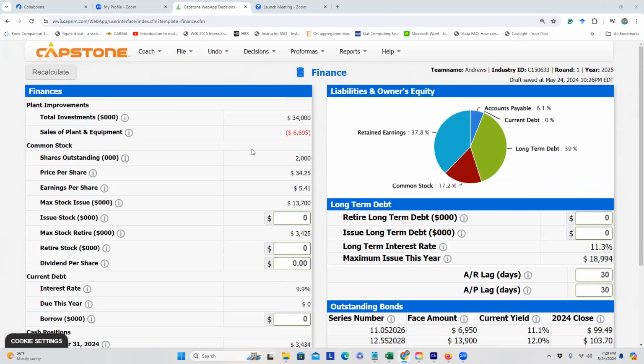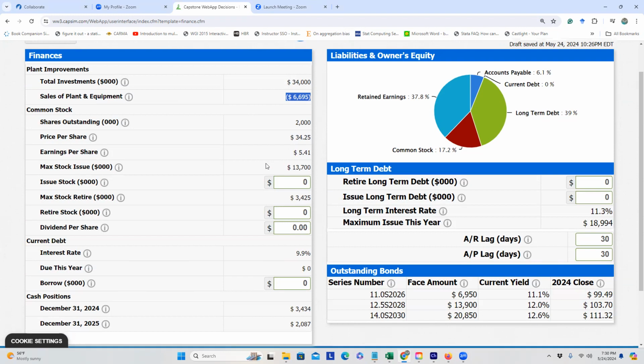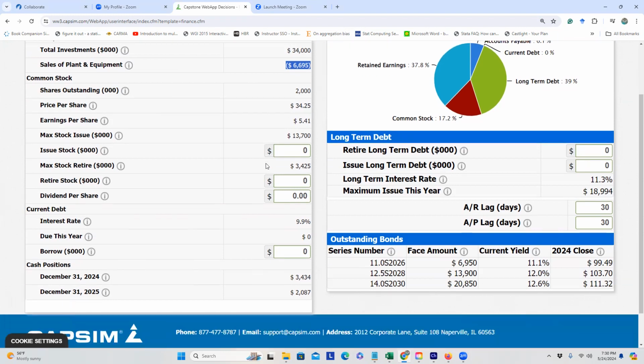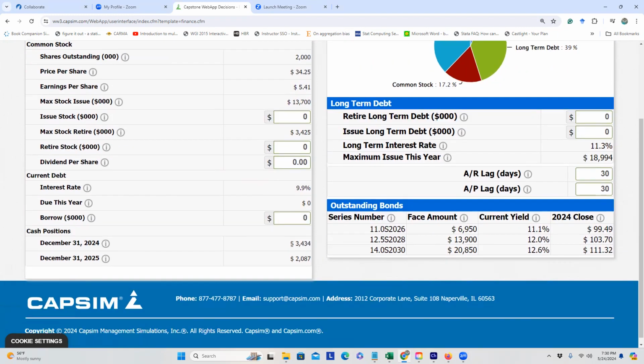So when you actually look here, we have made a total investment of $34 million while we actually sold capacity or equipment worth $6.6 million here. So the difference is what we need to borrow, or we need to sell some stock to actually make up for that money. So the beginning of the year, what you actually have is $3.4 million.